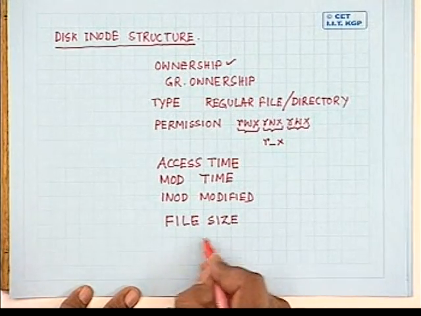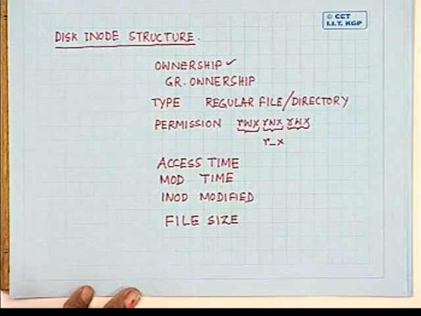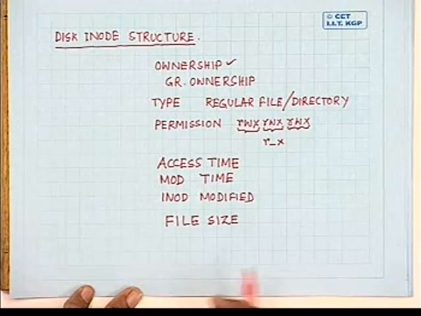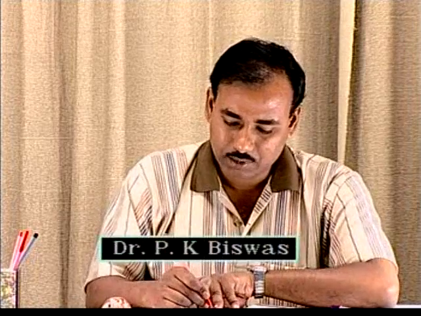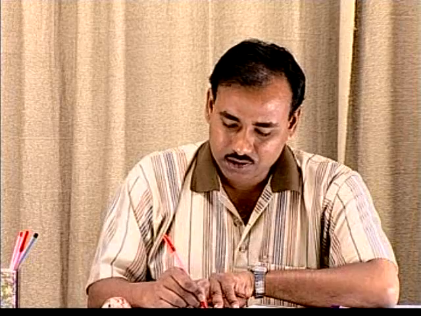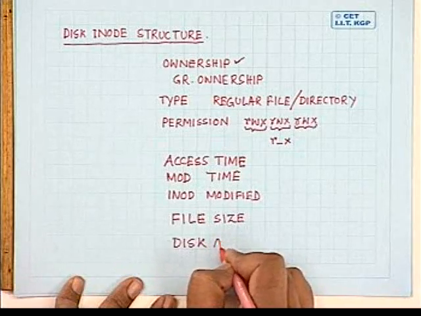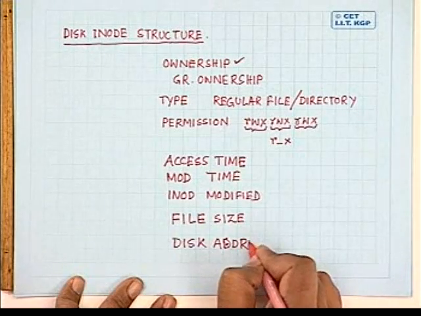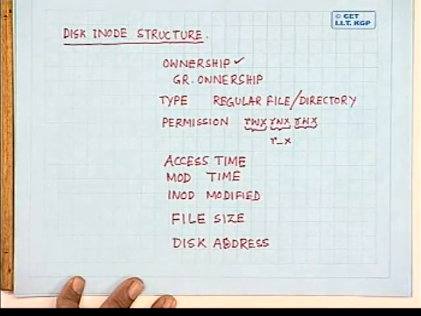And the most important information, of course all of them are important, but so far as data access on the disk is concerned, we have to have the information about the disk addresses of different data blocks. Okay.